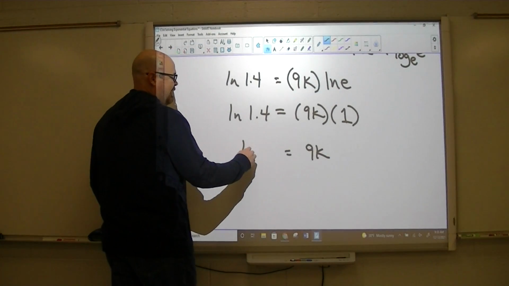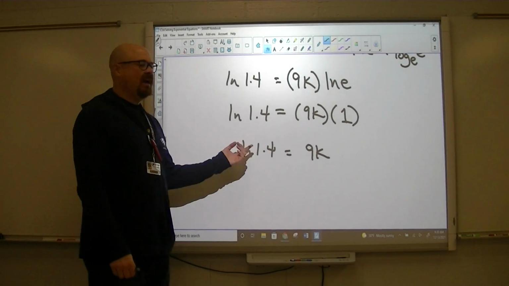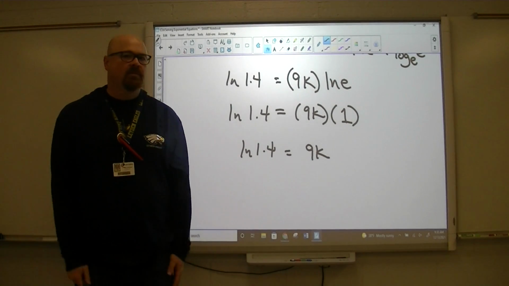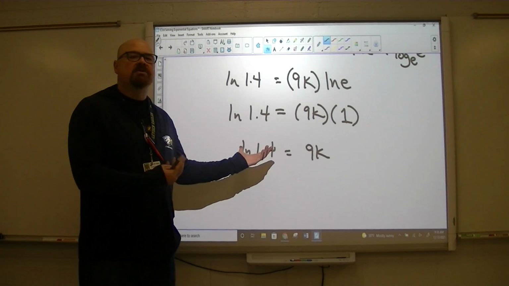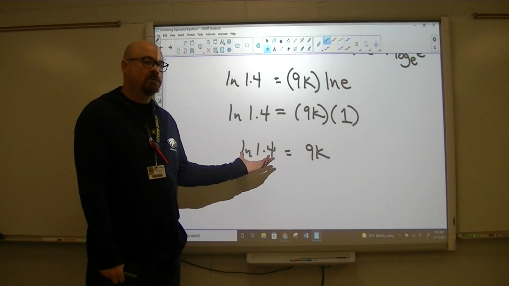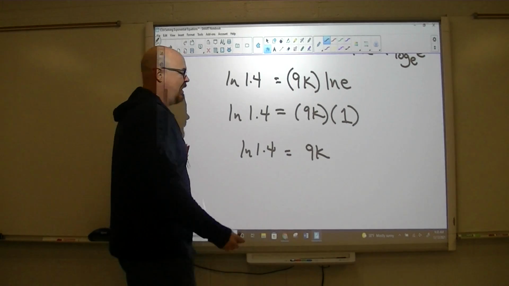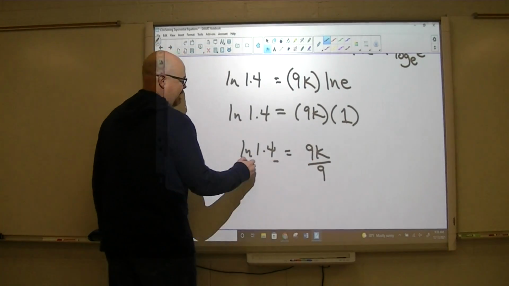Okay, so we have the natural log of 1.4, and I haven't calculated this yet. I could, but a logarithm represents a number. So rather than getting the gross decimal for this, I'm just going to leave that for now. Okay, and then I'm gonna divide by 9 to get that value of k.